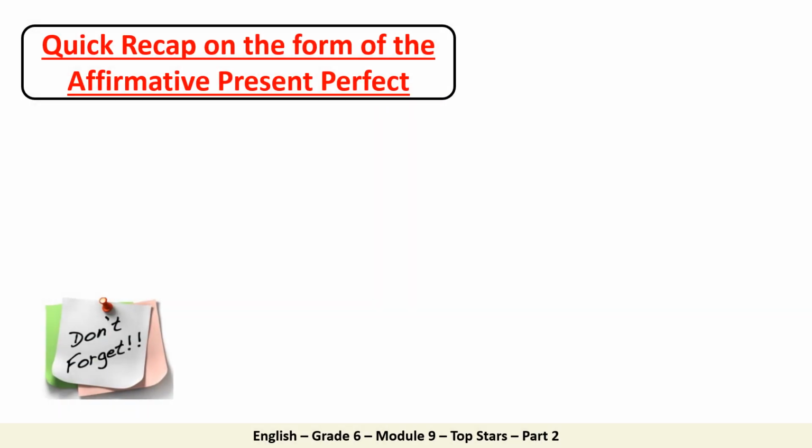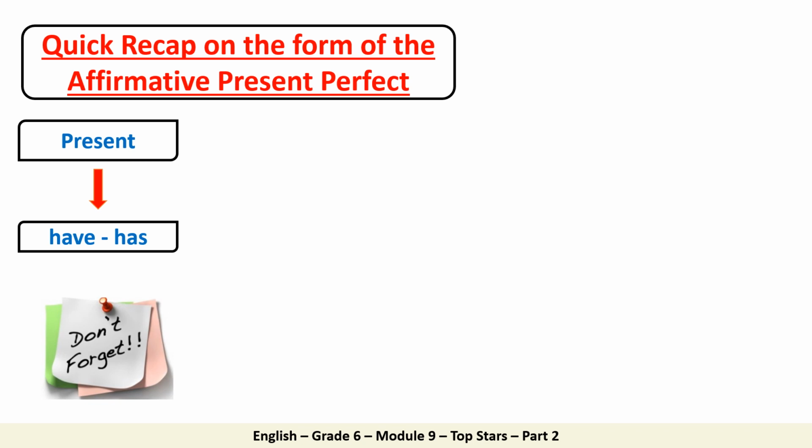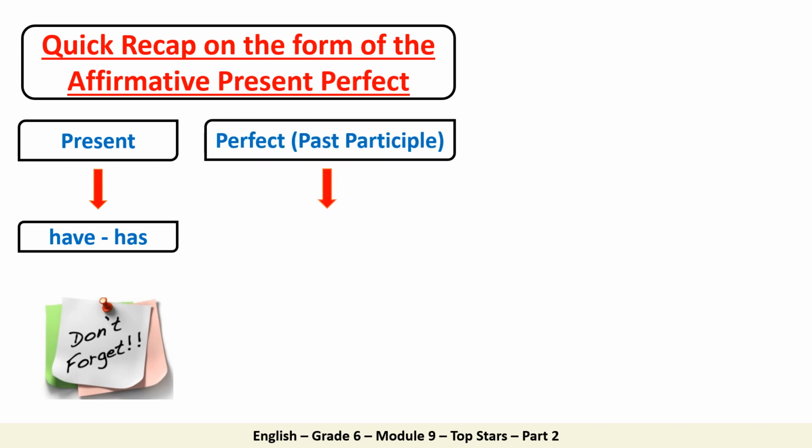Before we get to the negative and question forms, let's make a quick recap on the form of the affirmative present perfect. From the name of the tense itself, we have the word present, which means that the helping verb will be used in the present, which is have or has. And then we have the word perfect, so we're going to use the past participle of the main verb.